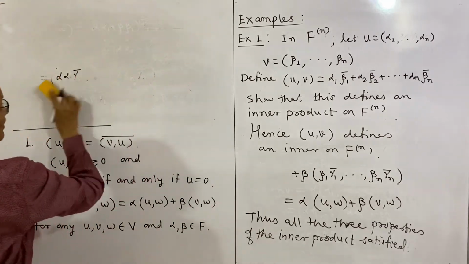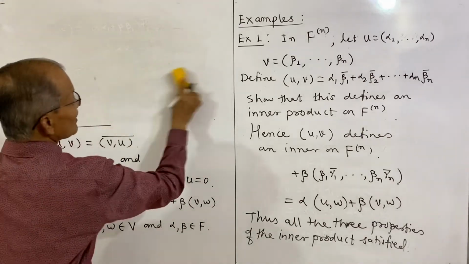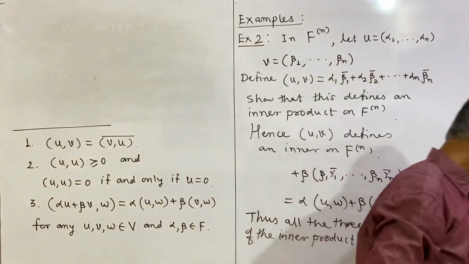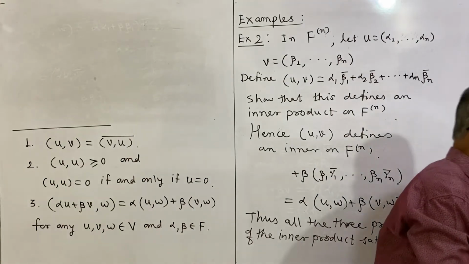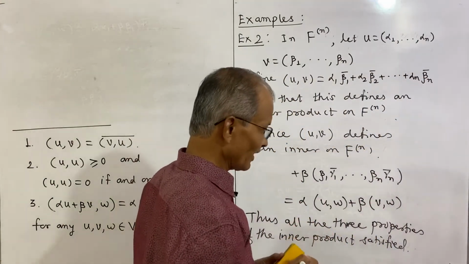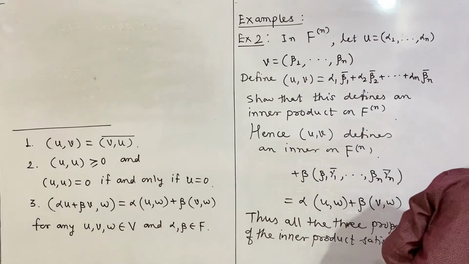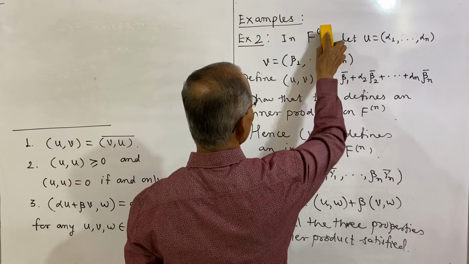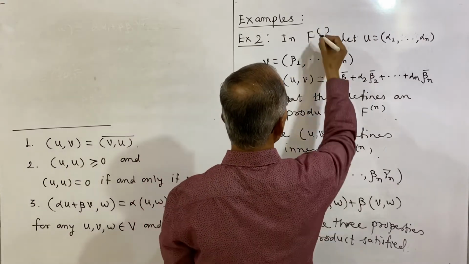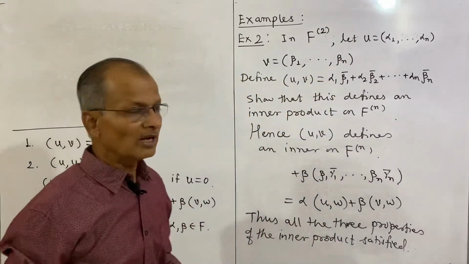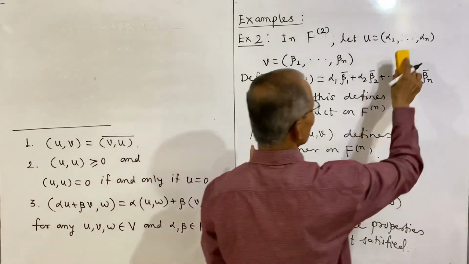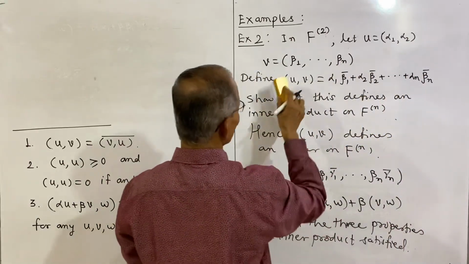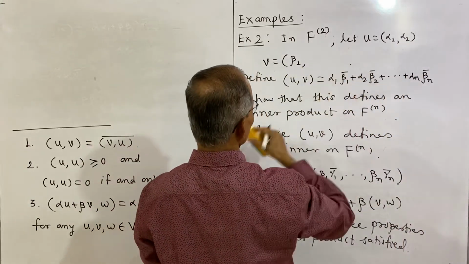One more example we shall consider, that is a second example I shall write. As in the second example, we shall consider the vector space F2 in place of Fn, that means two dimensional, and u will have two components only in place of n components. u will be alpha 1, alpha 2, and v will have beta 1, beta 2.